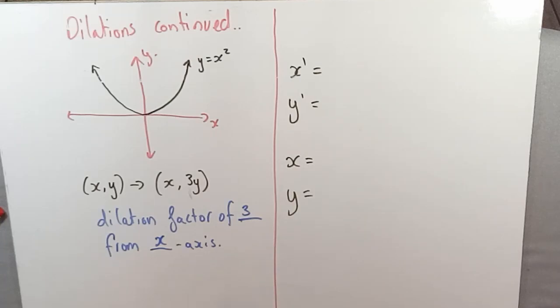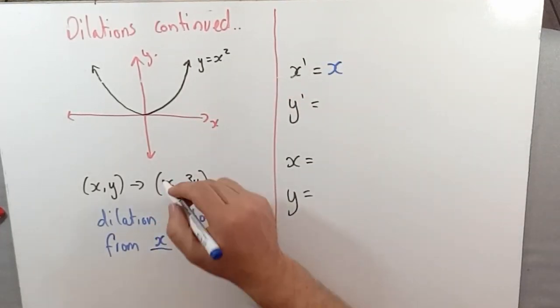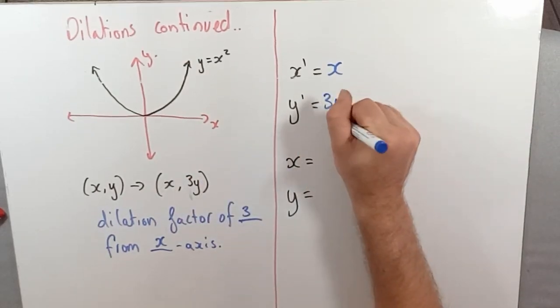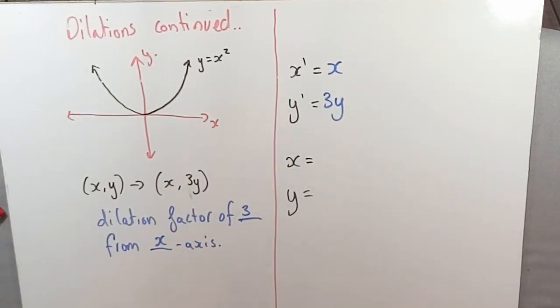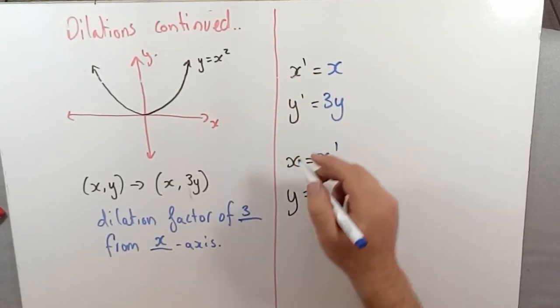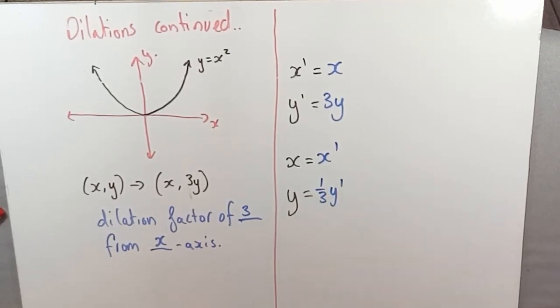Okay. All right, so our x image just maps to itself. And our y image maps to 3 times the original y. So if we rearrange that, well, that's already done. Y is equal to 1/3 of y prime, or y image, sorry.